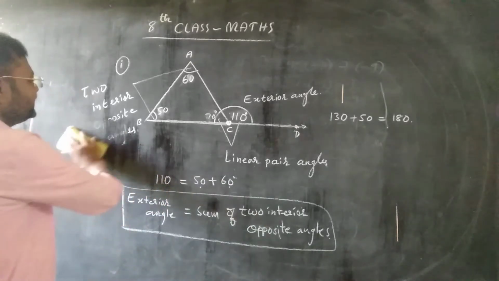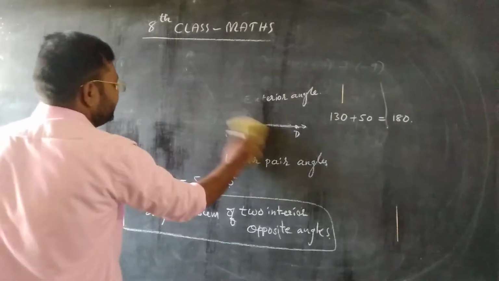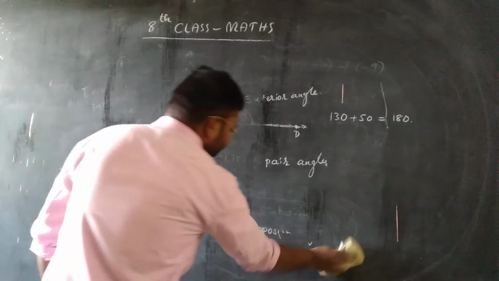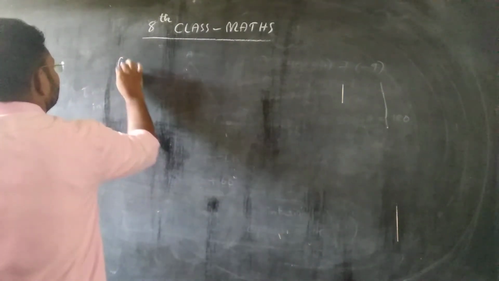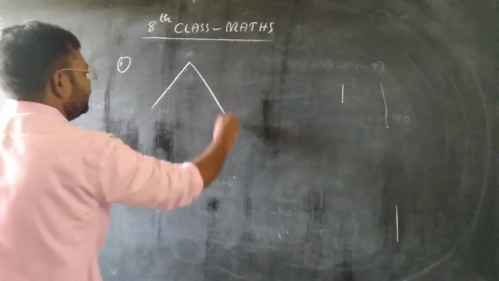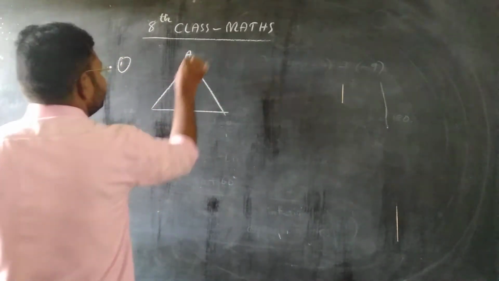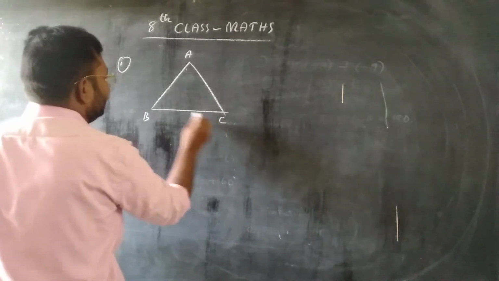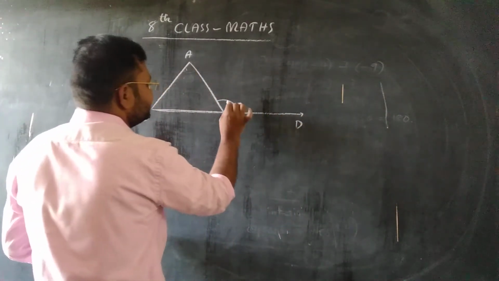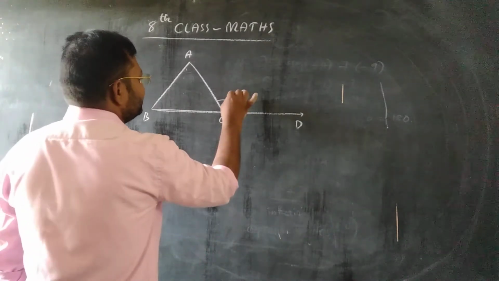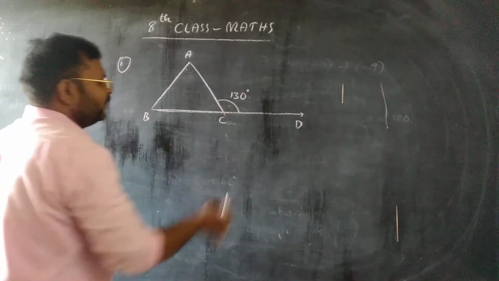So now let us discuss one problem. For example, I am going to take a triangle again. Take triangle ABC and extend the side BC up to D. This exterior angle is 130 degrees, for example.